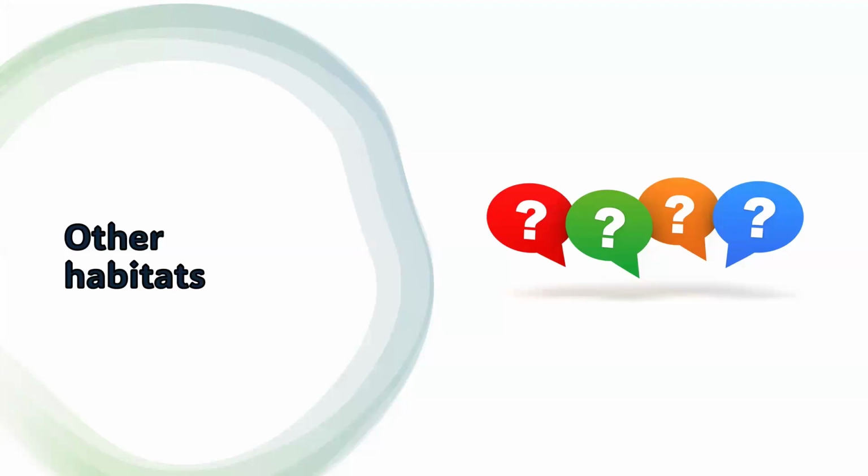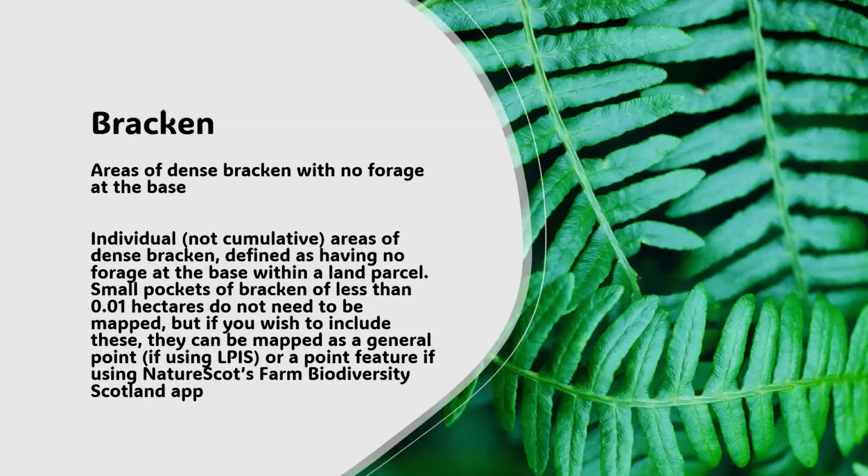And then there are a couple of other habitats that are of note in the process that I just want to flag. So bracken: absolutely a valuable habitat in and of itself in isolation, but there's no question that it's an invasive species, and it's important that we understand where it is in terms of its extent across the Scottish landscape.